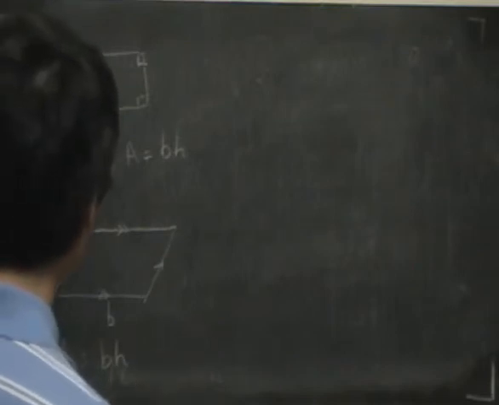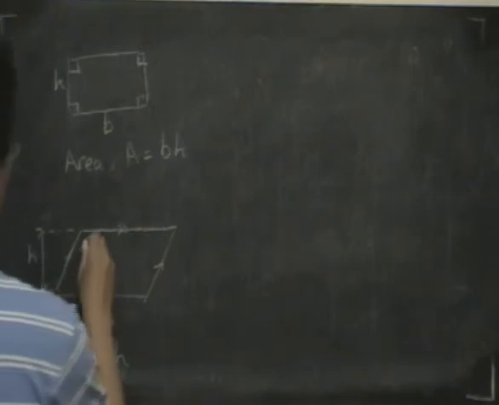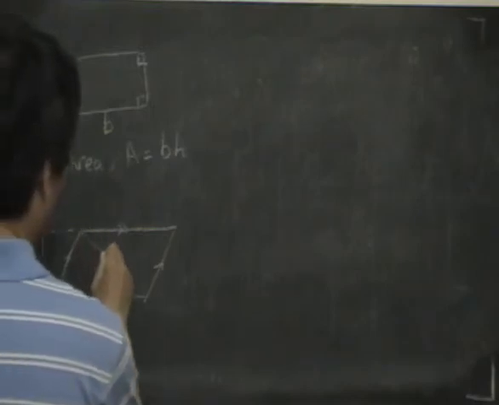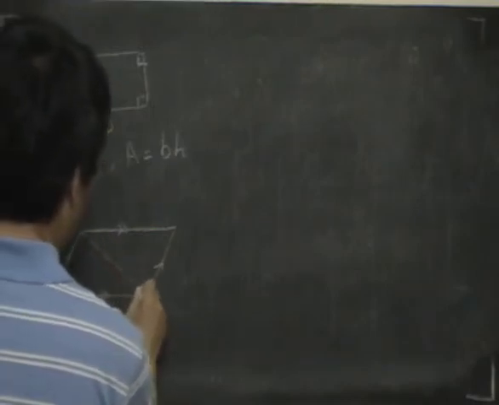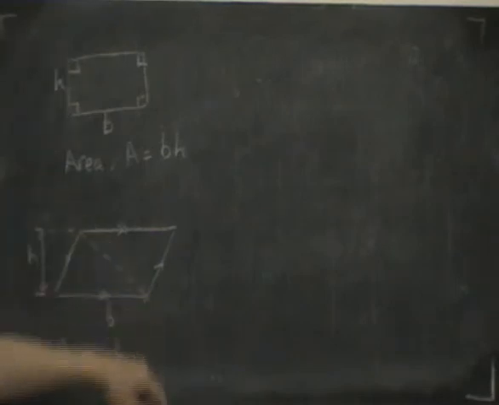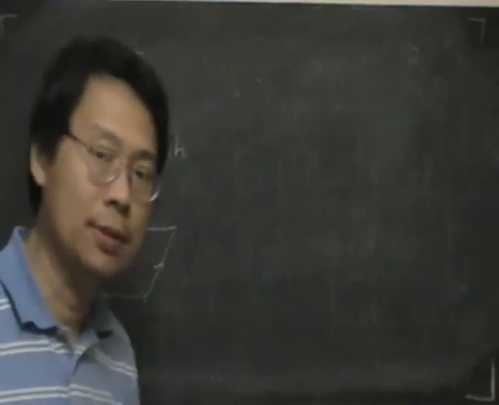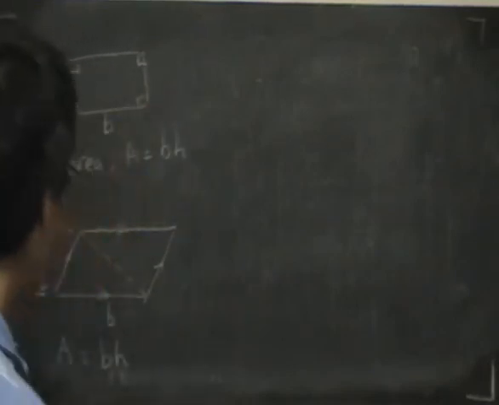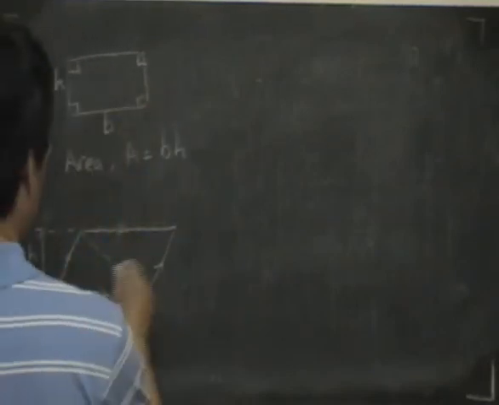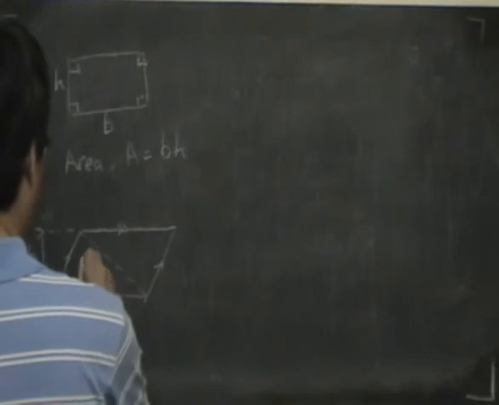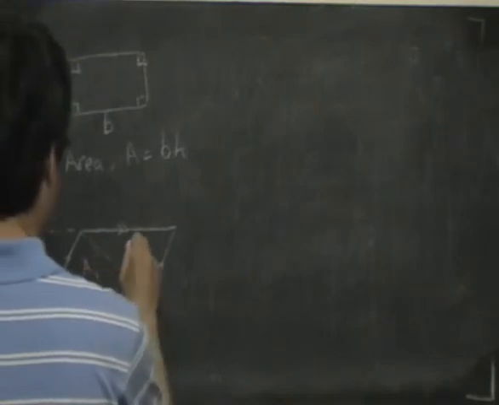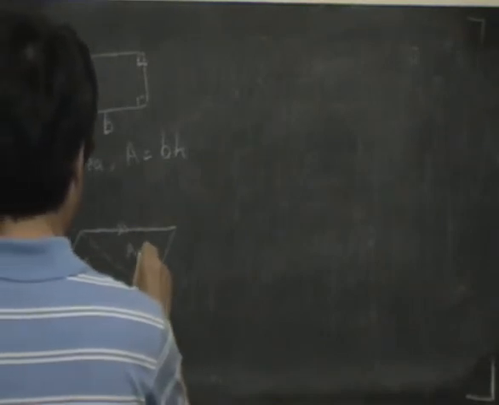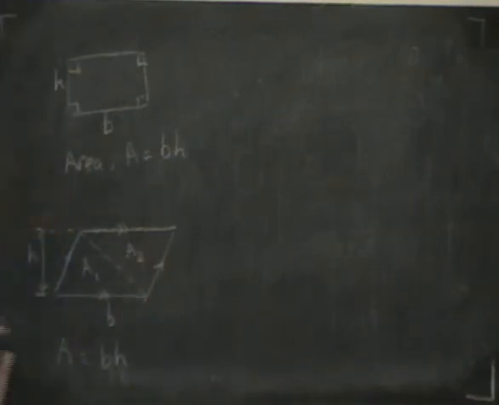Now suppose that I cut this into two triangles by drawing a line from one corner to the other. Now we know how to find the area of a triangle. Let me call this A1 and call this A2. I can find the area of this triangle.